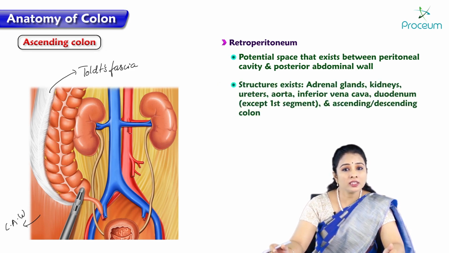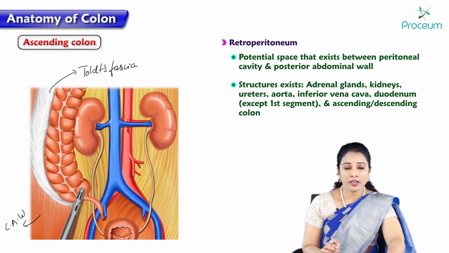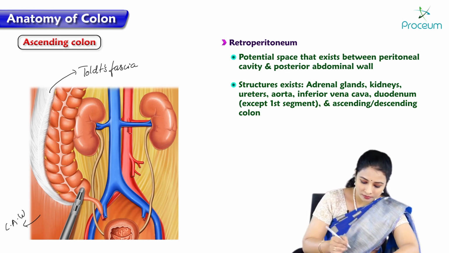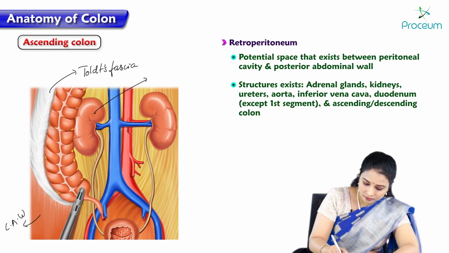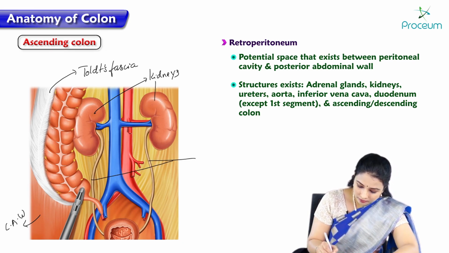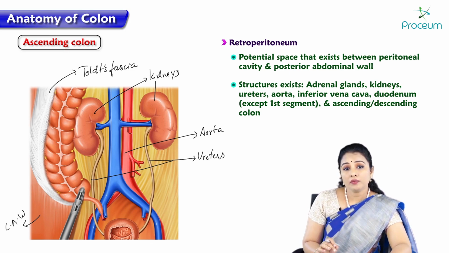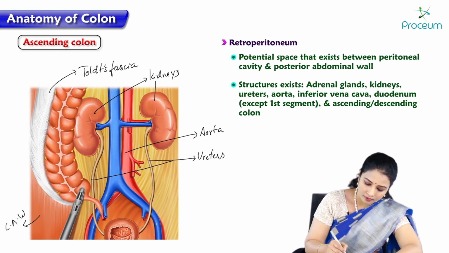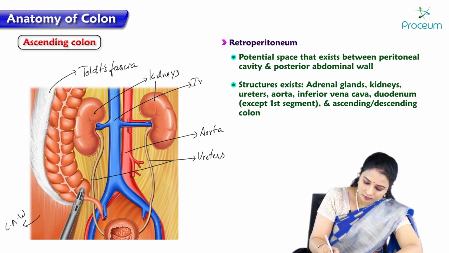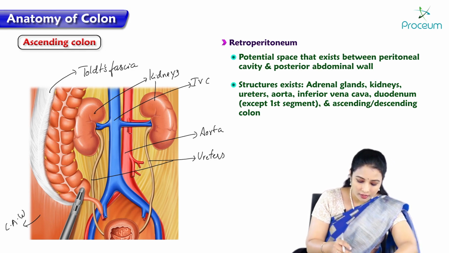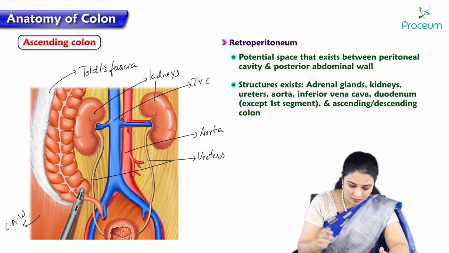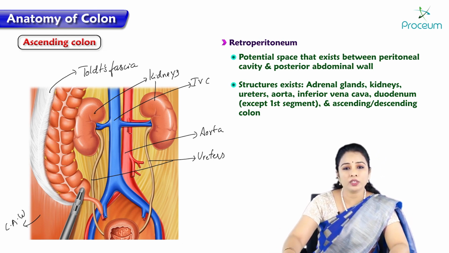Structures in this space include the adrenal glands, the glands above the kidneys, and the kidneys, ureters, aorta, and also the inferior vena cava and duodenum. The duodenum is not seen in this image because it is removed to expose the kidney.